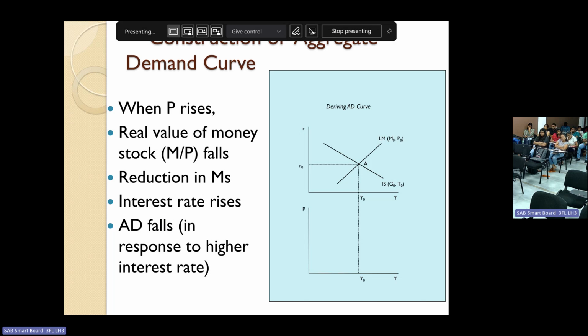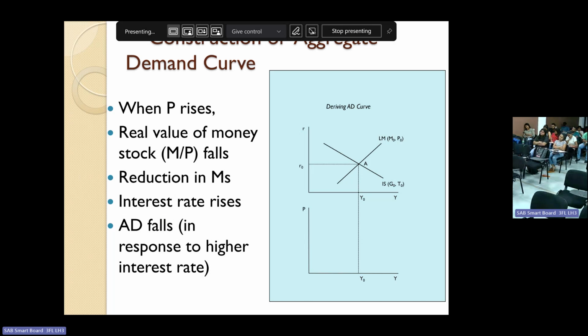What happens when there is a rise in the price? In the IS-LM analysis, it affects the real money balance. You may remember we talked about the money market, with money supply and money demand, which determines the real money balance.